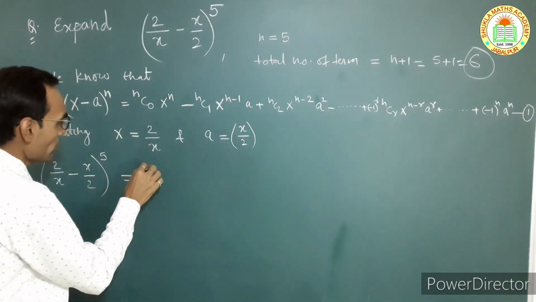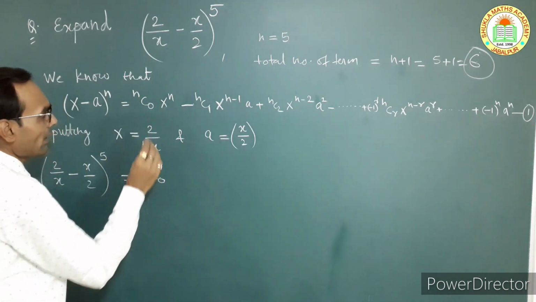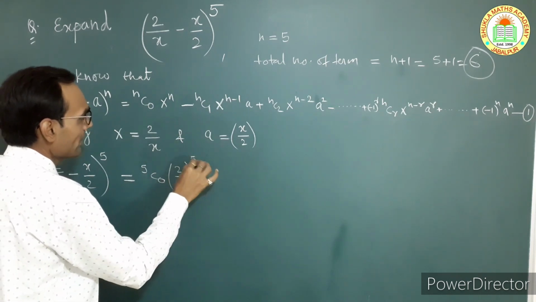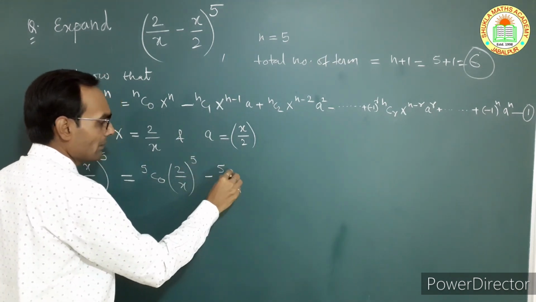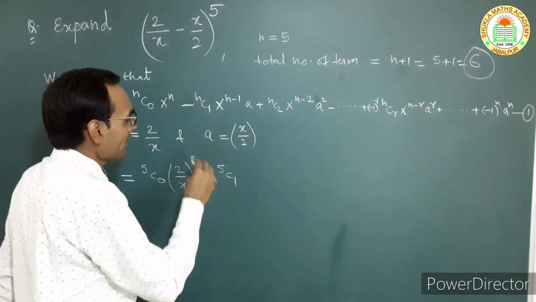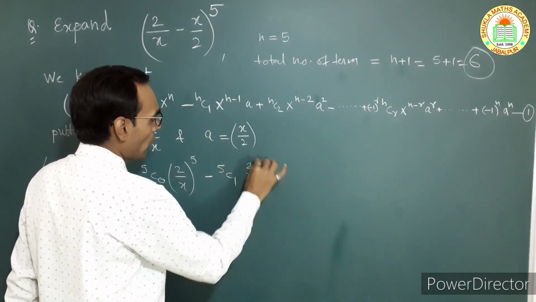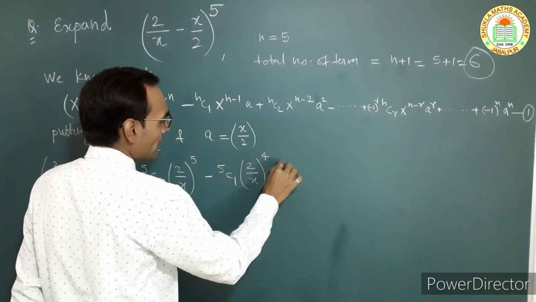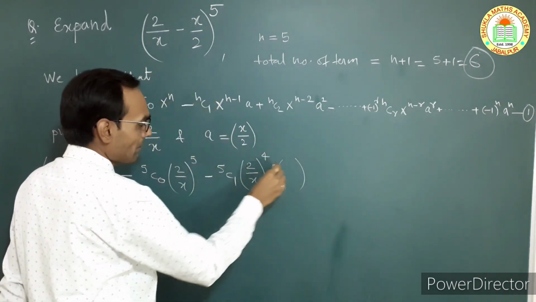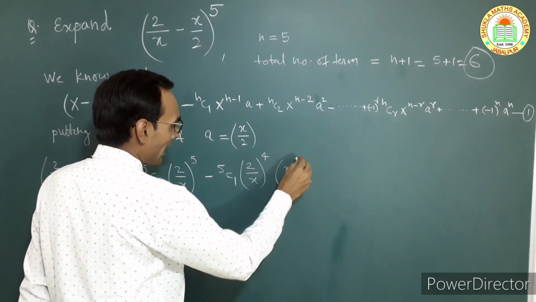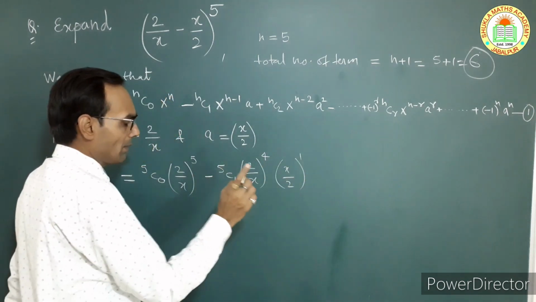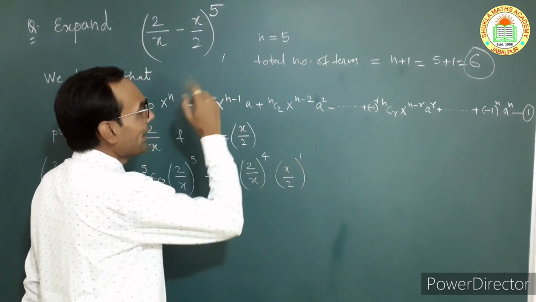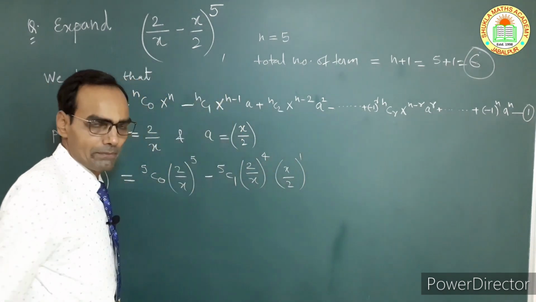So nC0 means 5C0, (2/x) raised to n, which is 5, minus 5C1, (2/x) raised to n − 1, which is 4, into a, (x/2) raised to 1. Remember that the sum of the powers of X and a is always equal to n, that is 4 + 1 is 5, so it is correct.